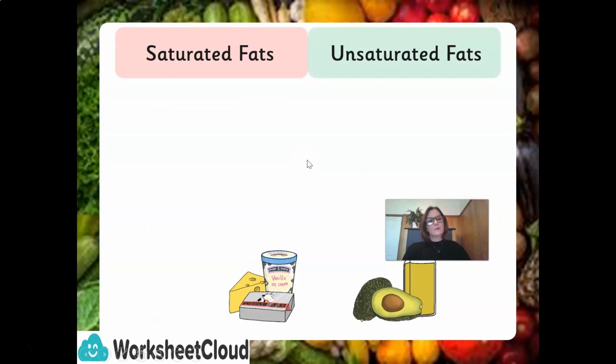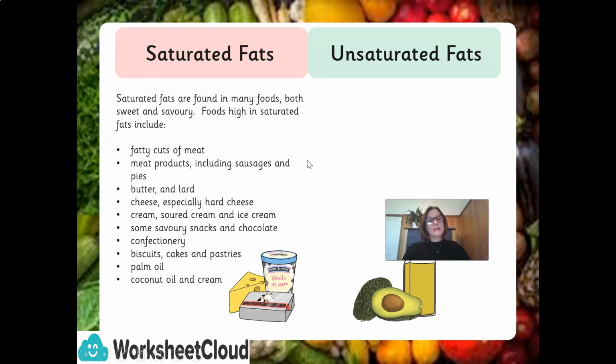Now, what is the difference between saturated fats and unsaturated fats? Saturated fats are found in many foods, both sweet and savory.